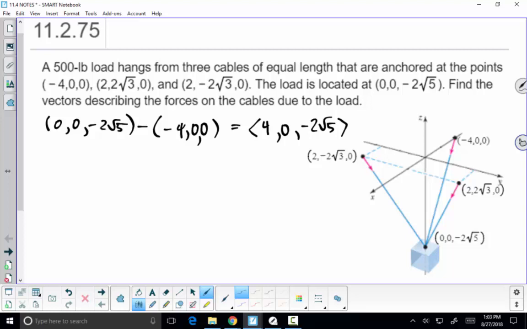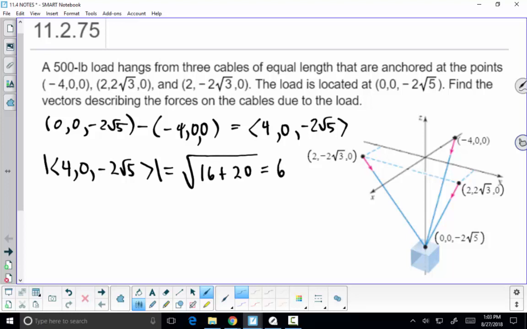So that is that. One thing we're going to have to figure out is the length of that vector. So let's go ahead and do that. The length of that vector is going to be found by taking the square root of the sum of the squares. And that's going to be 16 plus 20, square root of 36, so we get a length of 6. Now what we can do is form the unit vector that points in this direction.